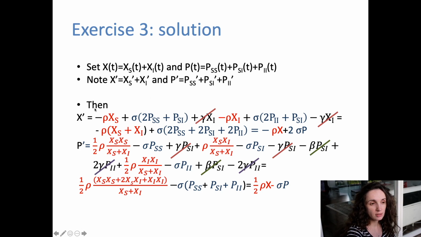So let's start with the singles compartment. So x prime of t equals the sum of derivatives of xs and xi.